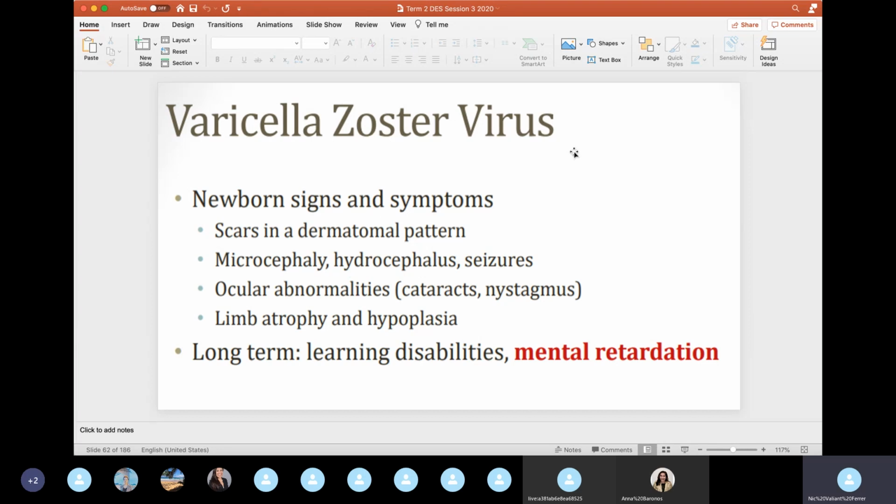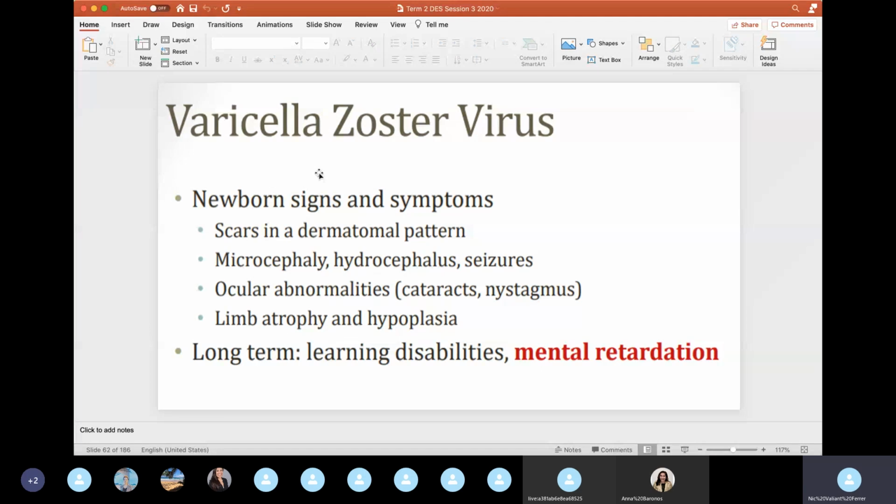VZV, varicella zoster virus. What is this? This is herpes 3, HHV3, caused by your HHV3 virus. What are the signs and symptoms? In a newborn, you have scars, microcephaly, hydrocephalus, and seizures, but high yield point, long term.